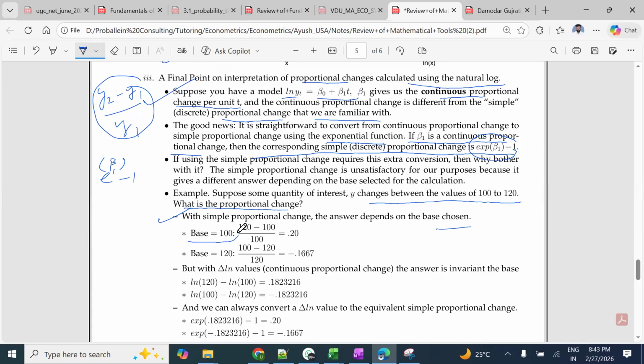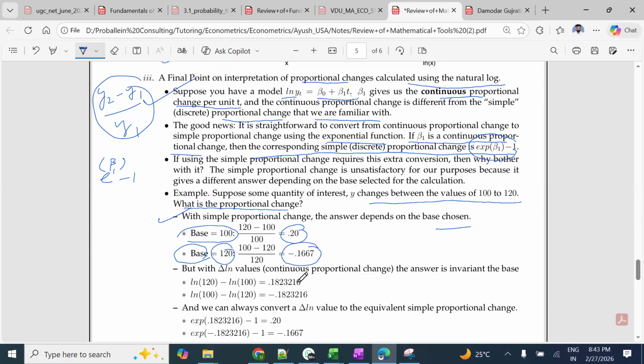If we are taking base as 100, then our proportional change will be 120 minus 100 divided by 100, so that is 0.20. Is it clear? And if you are taking base as 120, then it changes to minus 0.1667.